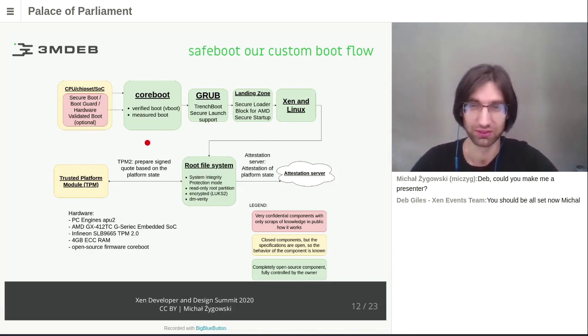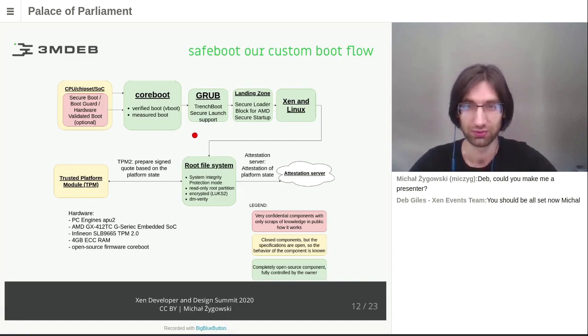Coreboot is an open source firmware framework, and PC Engines APU2 is supported by coreboot, and we can have the UEFI secure boot equivalent, which is verified boot. It also relies on signed firmware components that are verified during the boot process, and we can also have support for measured boot, so we can utilize the TPM to measure the components.